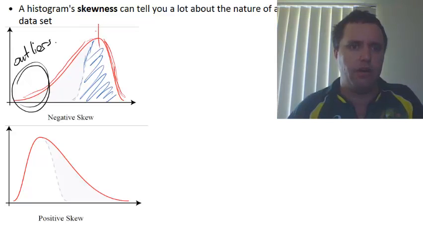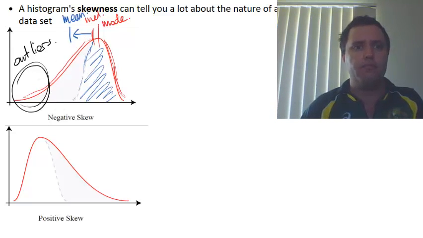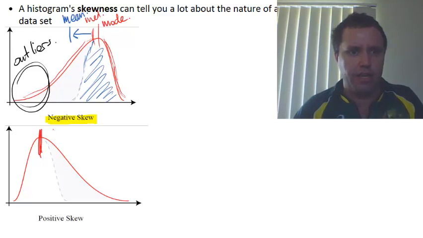So here's our mode. The median's going to be right around here, typically, but an outlier will drag the mean away towards it. So these lower outliers are going to drag the mean negatively away from the median, so that's why it's called negative skew.